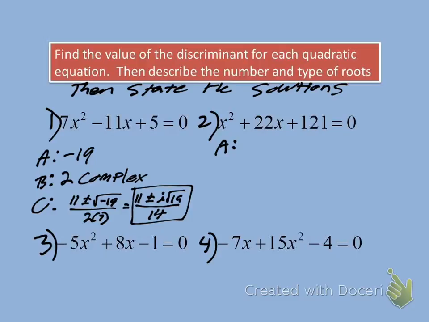So your discriminant value is 0, which tells you what? You're going to have one real. Good. And then state the solution. So this one, what is the solution? Negative 11. See how nice that is? That makes sense.